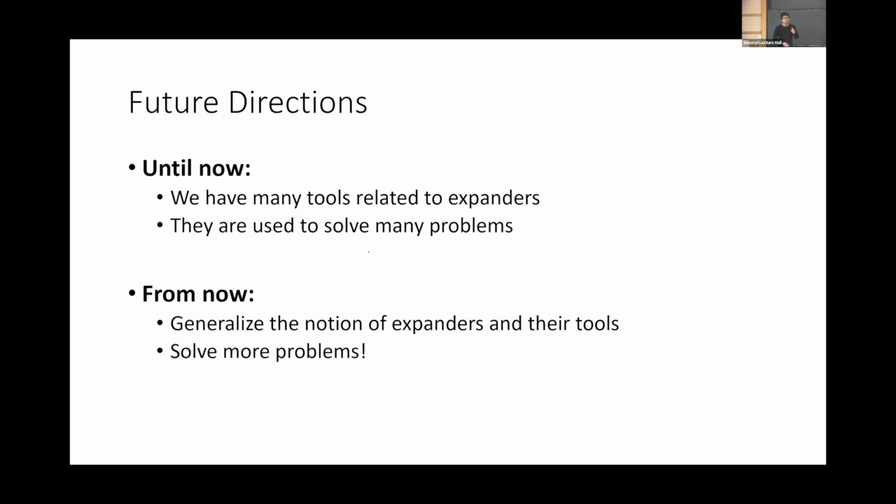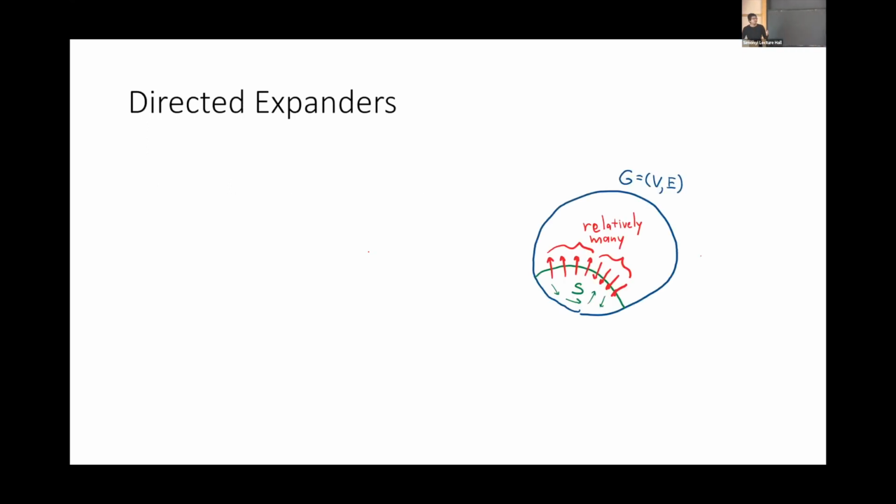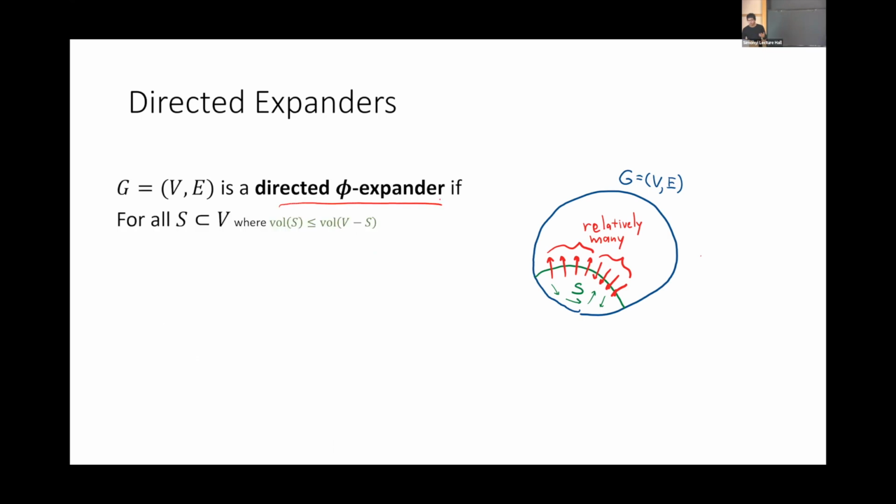Let me give you just one concrete example. You can define a directed expander, for example. A natural way to define an expander in a directed graph is to call it a directed phi expander if for any cut, it's the same thing as before, except that you have large cuts in both directions.